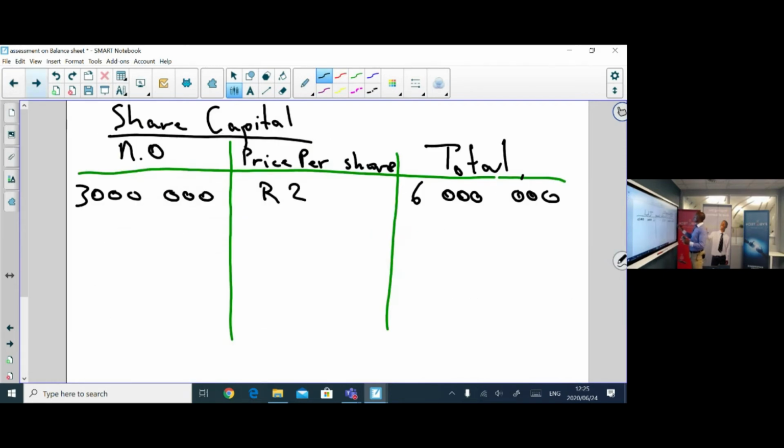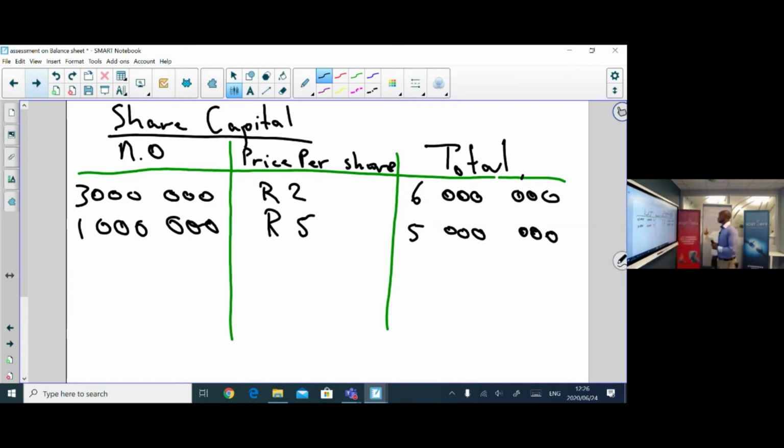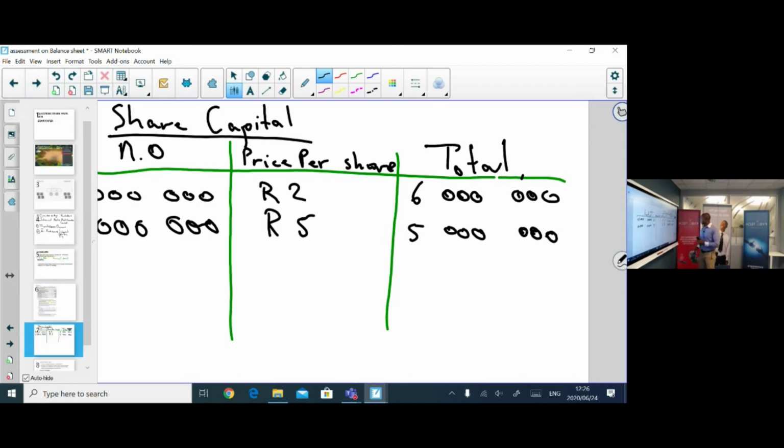That is 1 million shares issued for 5 rand per share. Then 1 million times 5 is 5 million. We are not done.